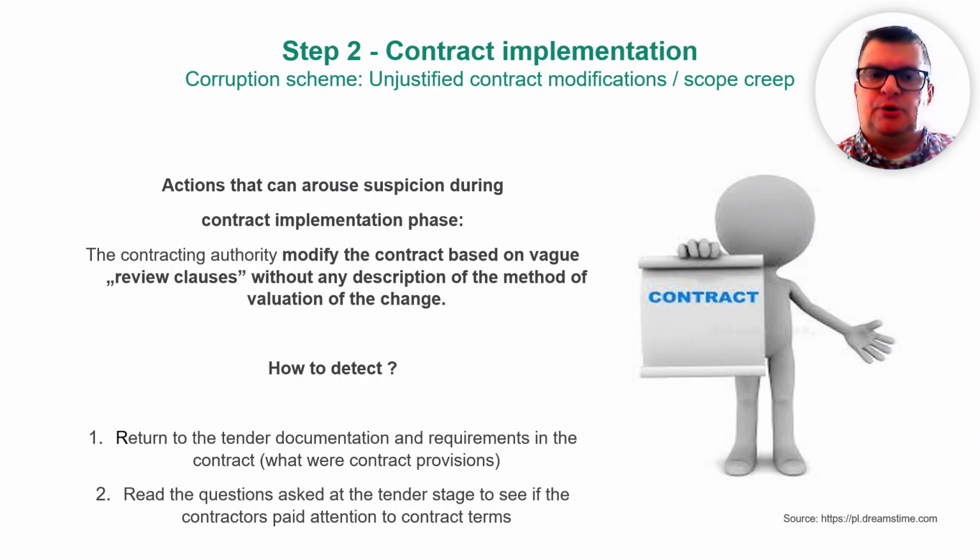So how can you spot this? Step 1. Go back to the original tender documentation and the requirements in the contract. Check what the provisions of the contract actually said. Step 2. Look at the questions that were asked during the tender stage. See if economic operators had already noticed or raised concerns about those contract terms.